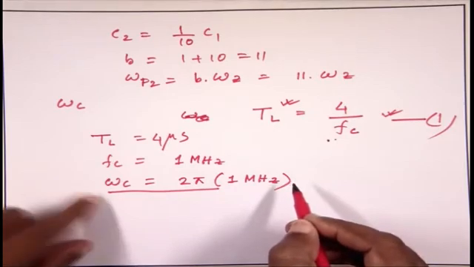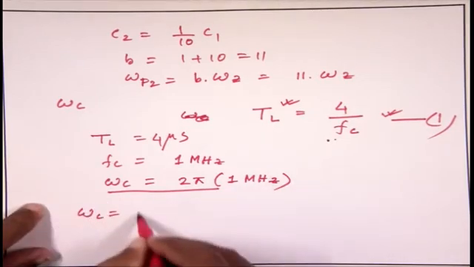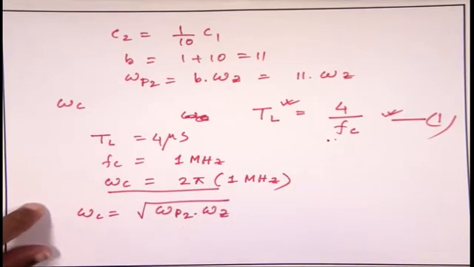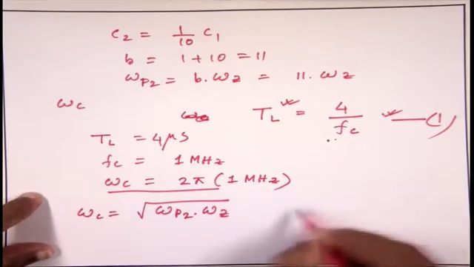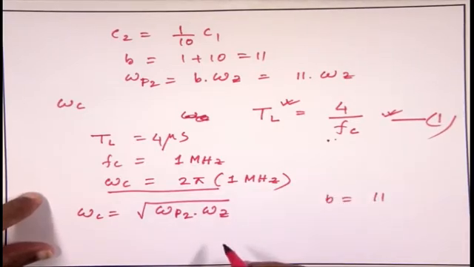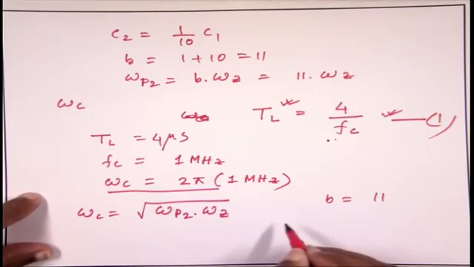Once you find omega C, you know that omega C is equal to the square root of omega P2 into omega Z. And the b factor is how much? 11.